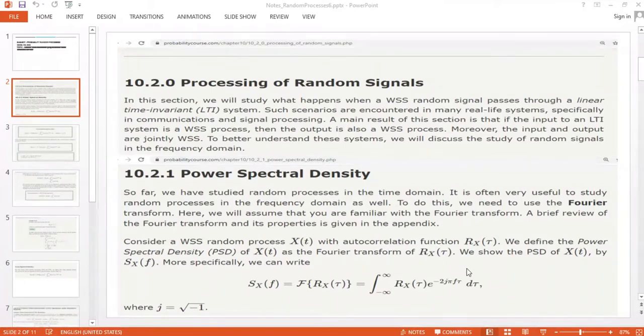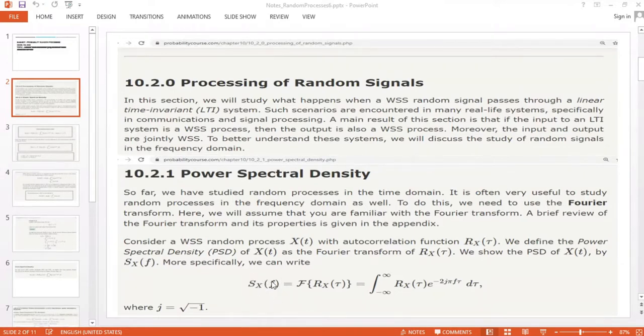The Fourier transform of the autocorrelation function of any wide sense stationary random process X(t) is known as the power spectral density, and it is denoted by S suffix capital X of f.